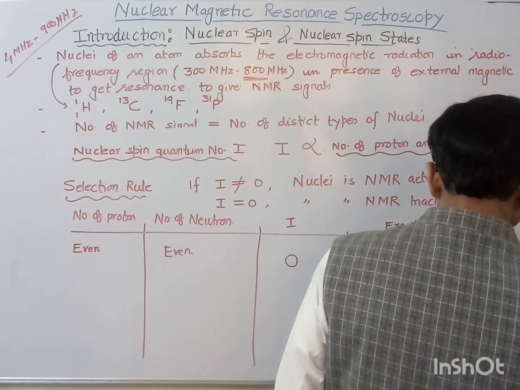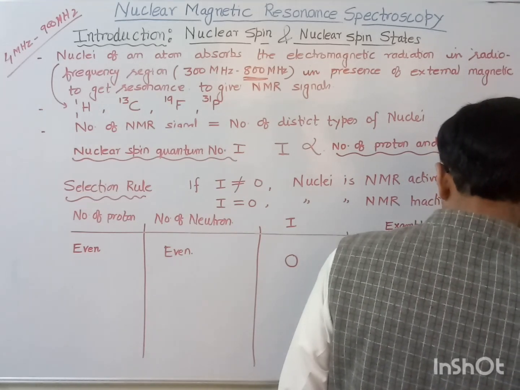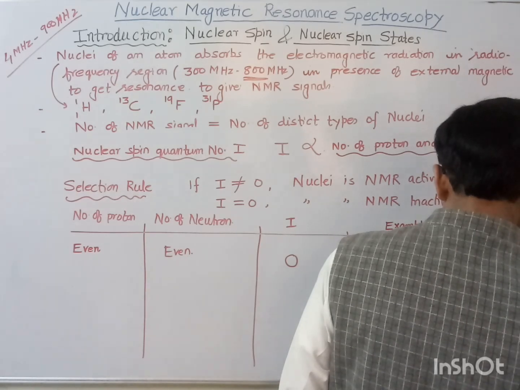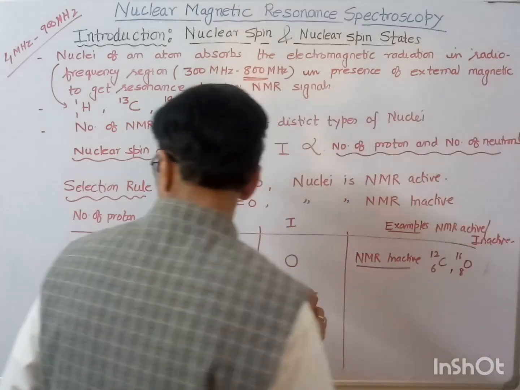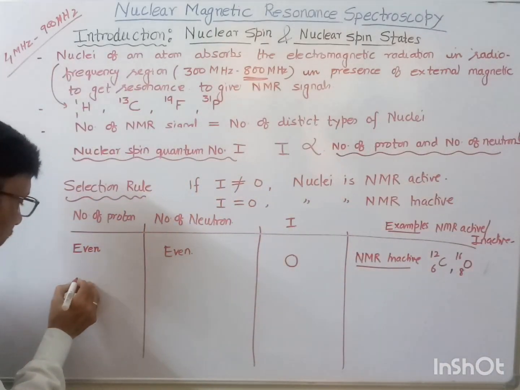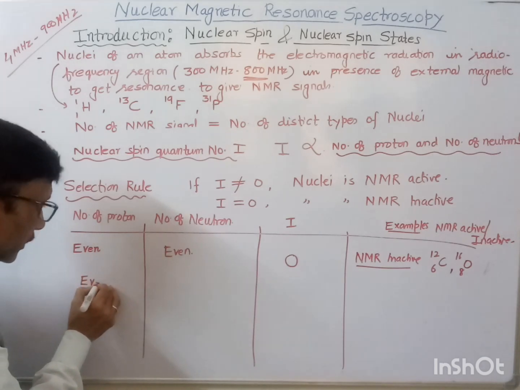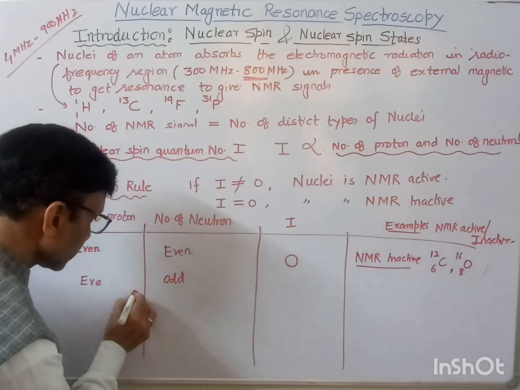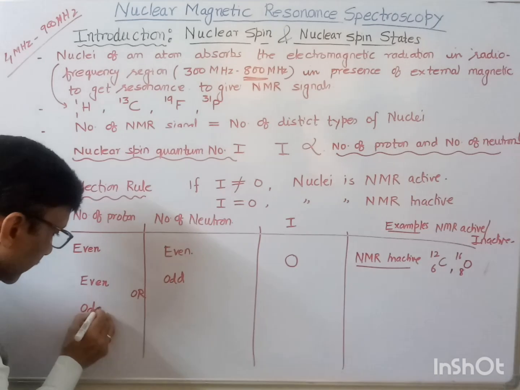Now suppose the number of protons is even and the number of neutrons is odd, or in the other case, the number of protons is odd and the number of neutrons is even.